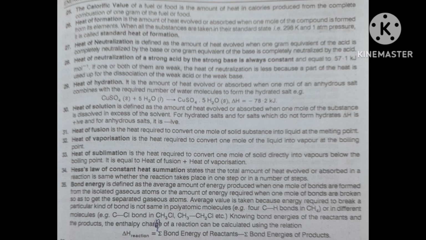In CH3Cl, methyl chloride, 3 are CH bonds, 1 is a CCl bond. Hence all will have different energy. Then bond energy is just the average of all four. And in ethyl chloride also the same way, C2H5Cl, here also you have to take the average.